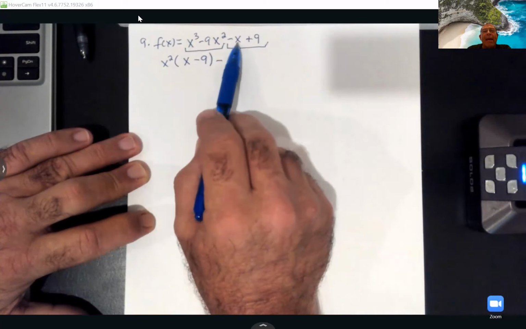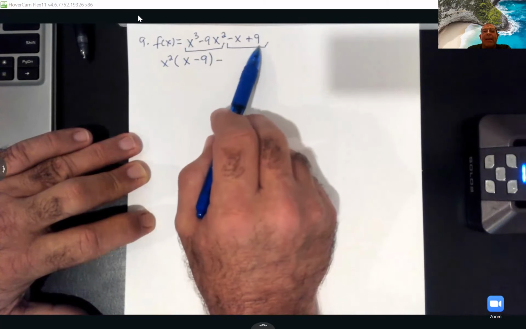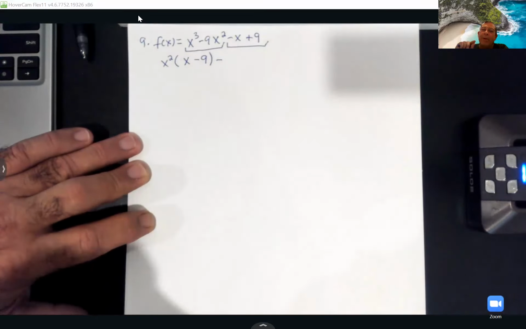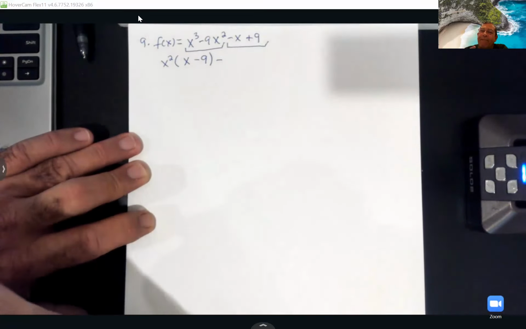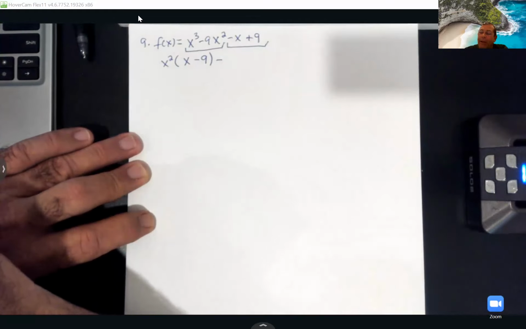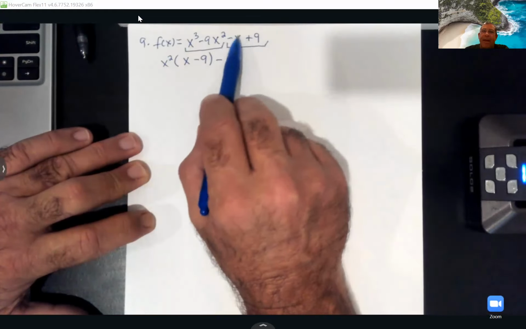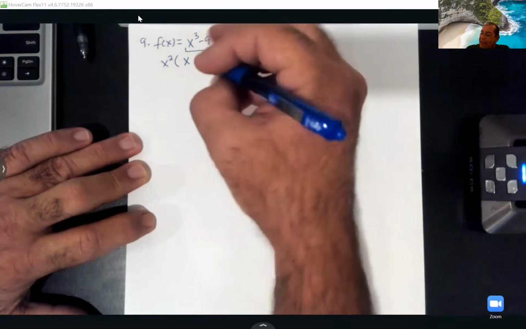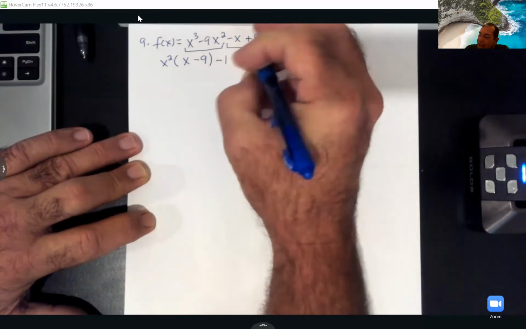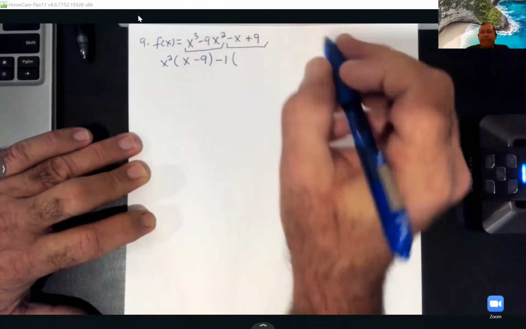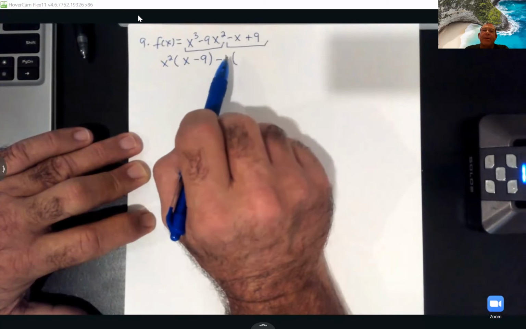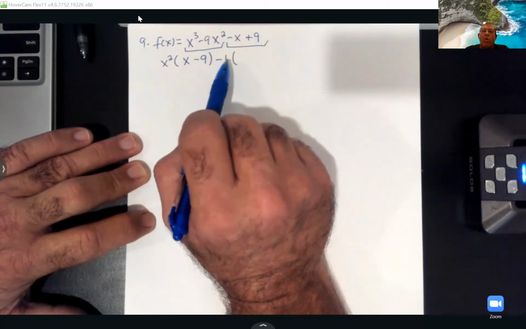So I got an x and a 9 here. They don't have much in common, but they do have one factor in common. If there's nothing else to factor out, we at least got to factor out a 1. So we're going to factor out a negative 1 on that. Okay, so remember, on the second GCF, you got to at least factor out a 1.